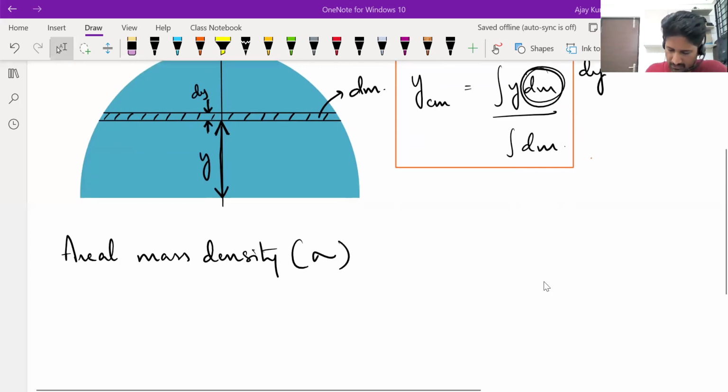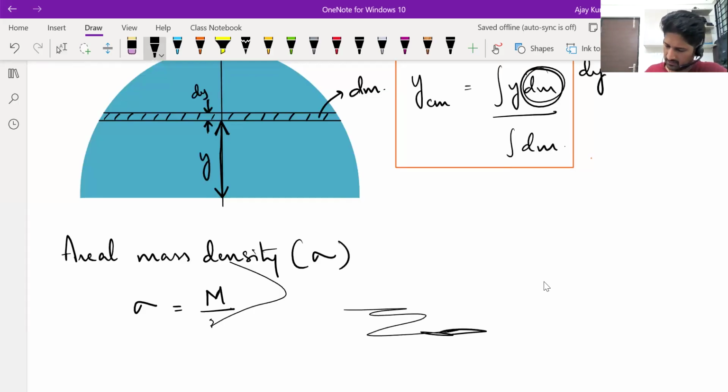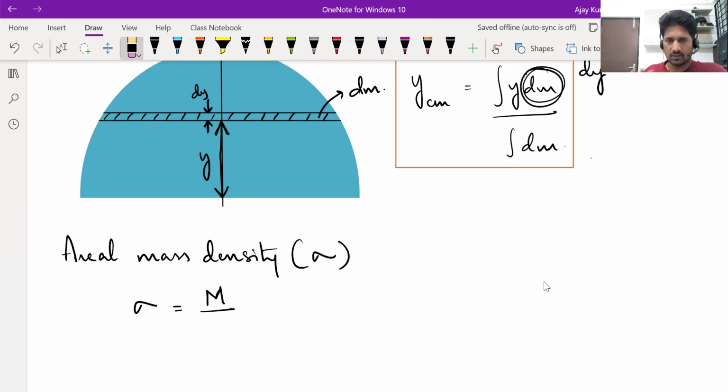So you can say sigma is equal to, if it's the same all over the object, total mass by total area. If it's a uniform mass distribution, you can call sigma total mass by total area, mass per unit area.